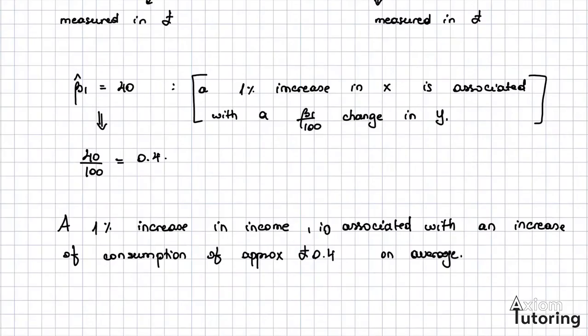Okay? So keep in mind, the change in X is the one that's in percentage. The change in Y, in this case consumption, is the one that is in units, meaning pounds.